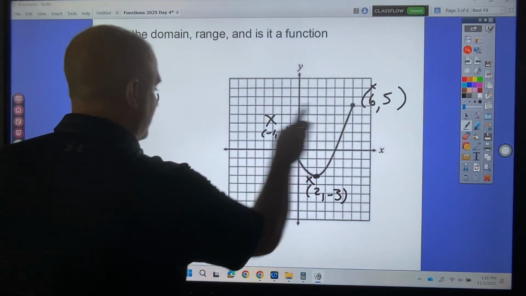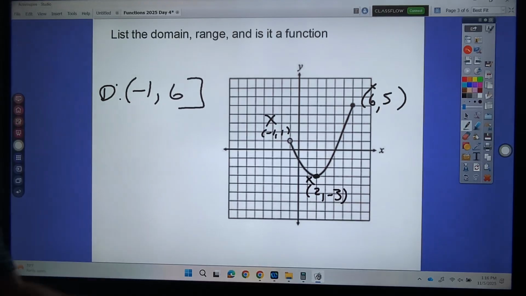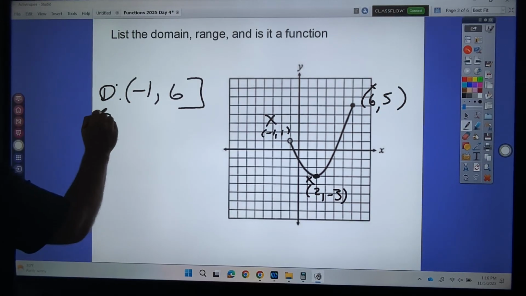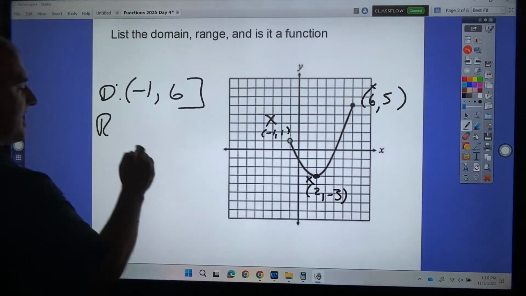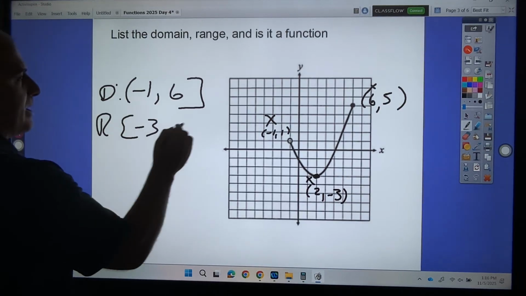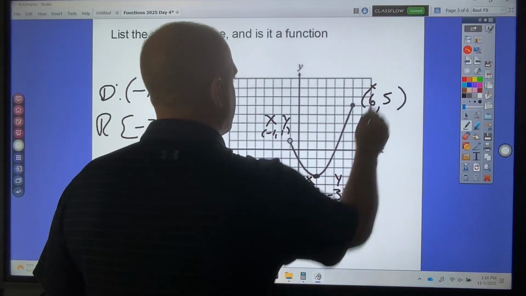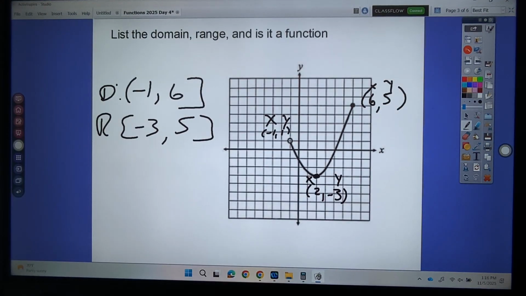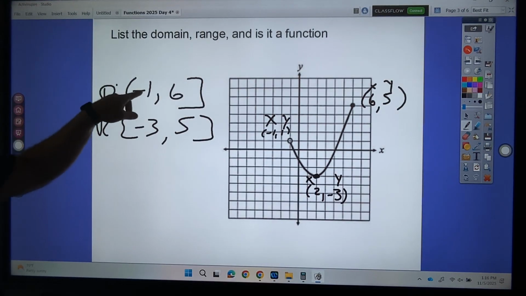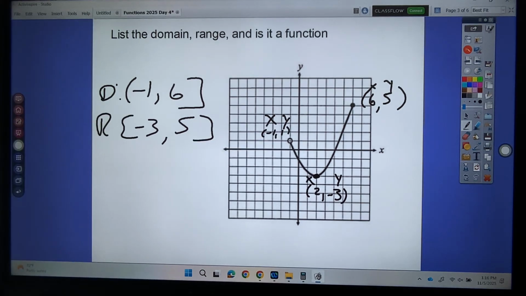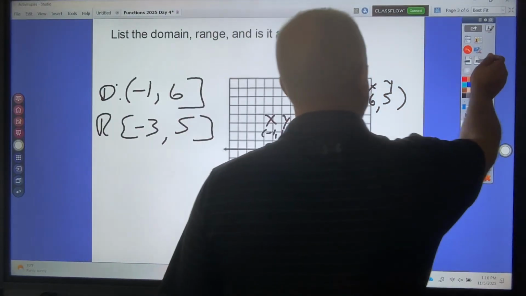Now my biggest x value is 6, and since that comes from a closed circle, it's a square bracket. My range, my smallest y value is -3, and my biggest y value is going to be 5, okay? So all you got to do is label this, okay? That's a curve because I got that number from an open circle, all right?